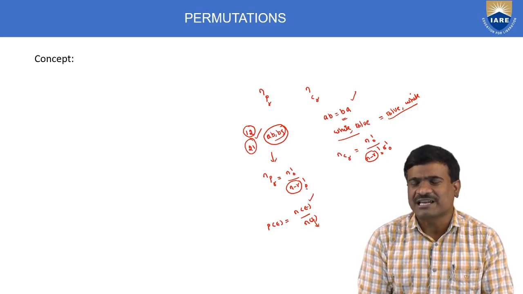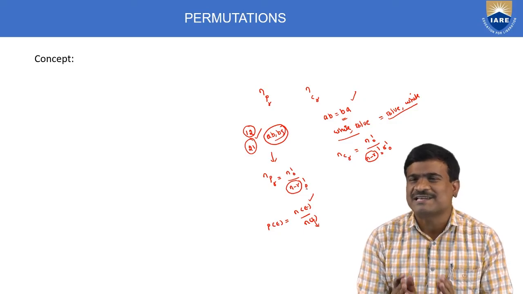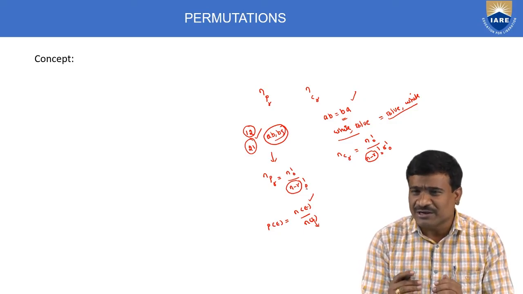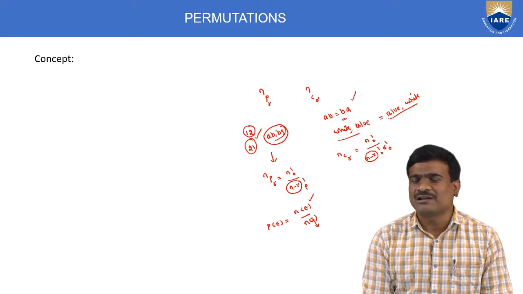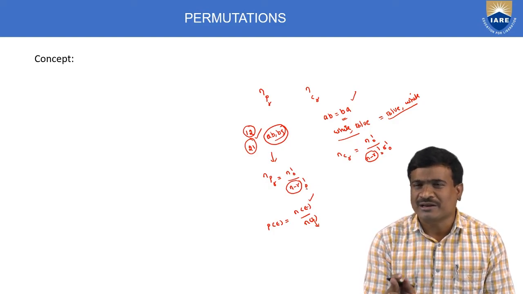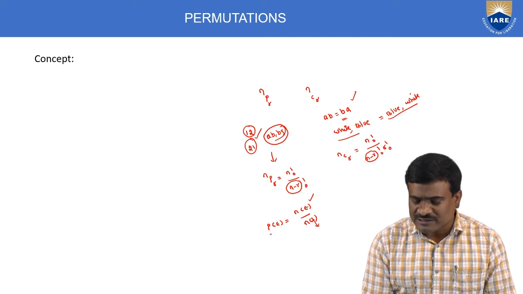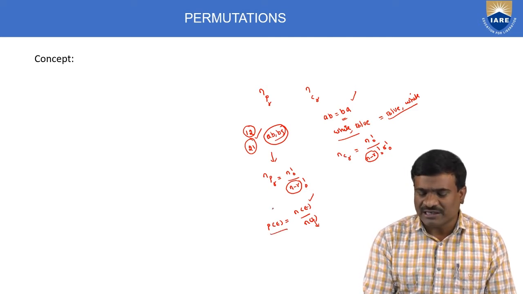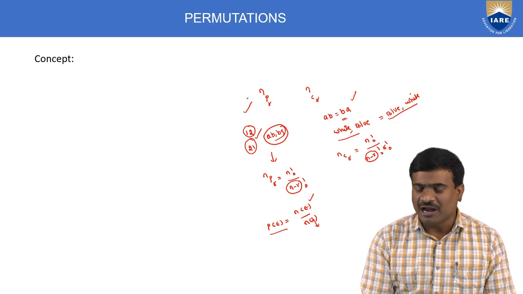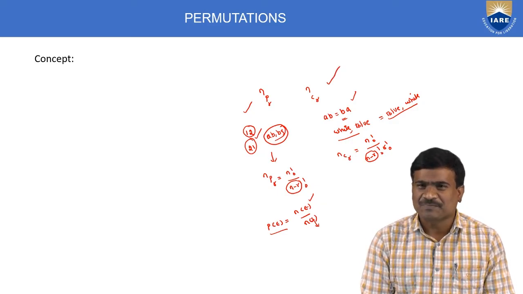Either it exists in a permutation or in a combination. If the denominator is equal to total, that problem automatically converts into a probability. Probability is not separate. Probability exists in permutation and probability exists in combination.